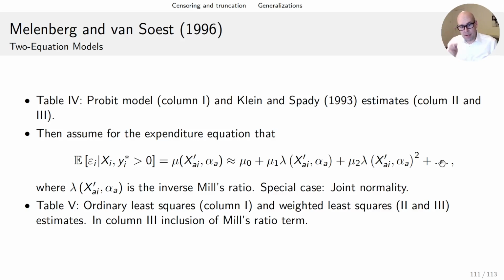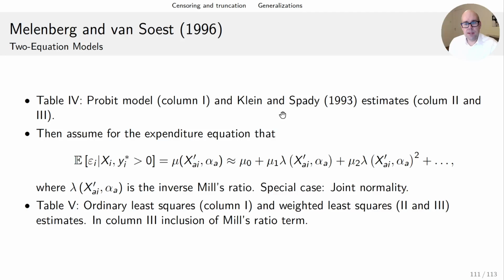Good. And finally, they look into two equation models. They have a flexible selection part of the model, corresponding to the binary choice part in a type 2 Tobit model. So in table 4, they look at a probit model, and then also at Klein and Spady estimates.